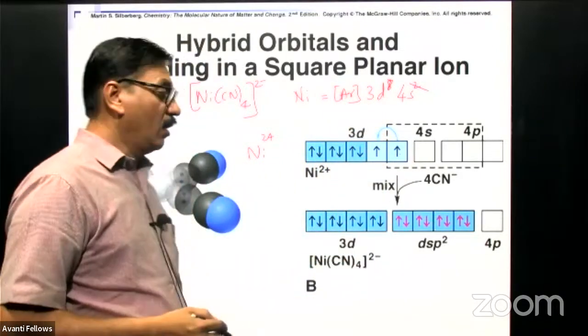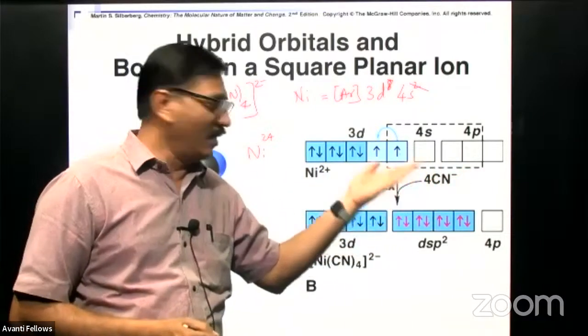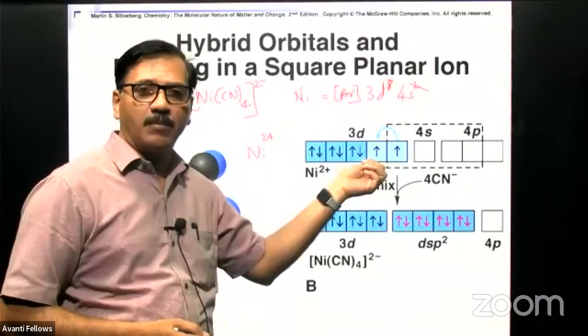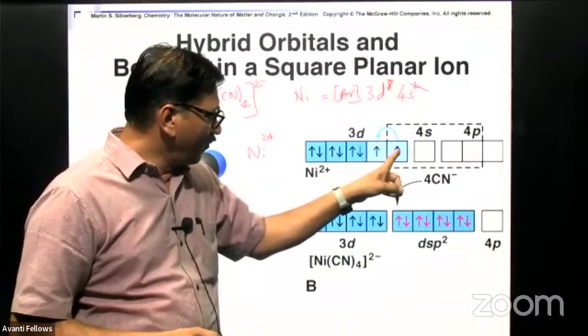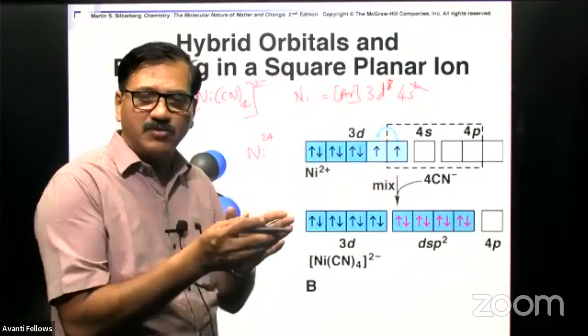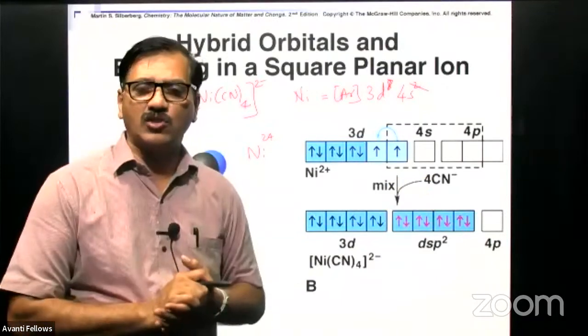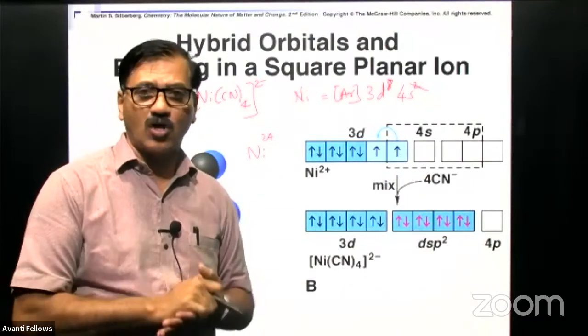Now, as I told you, depending upon the approaching ligand, the electrons can get paired up. This is what happened here. If this electron gets paired up, one more orbital is made empty. This happens because cyanide is a strong ligand.